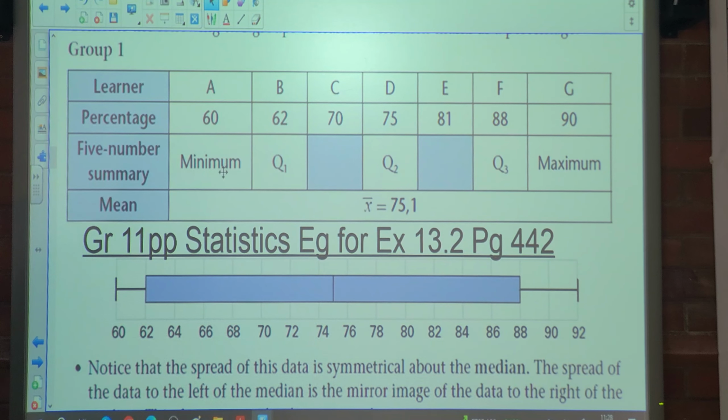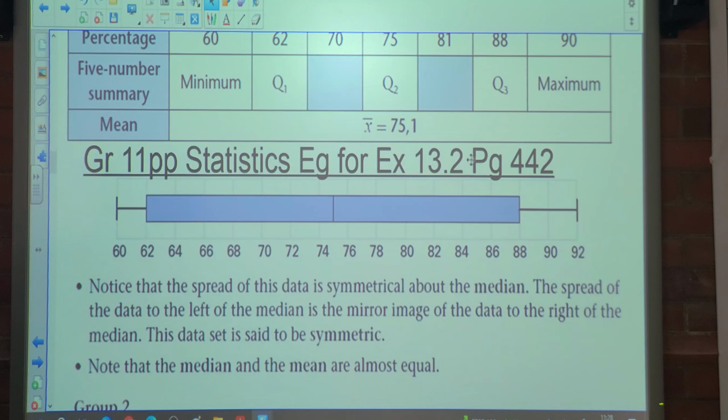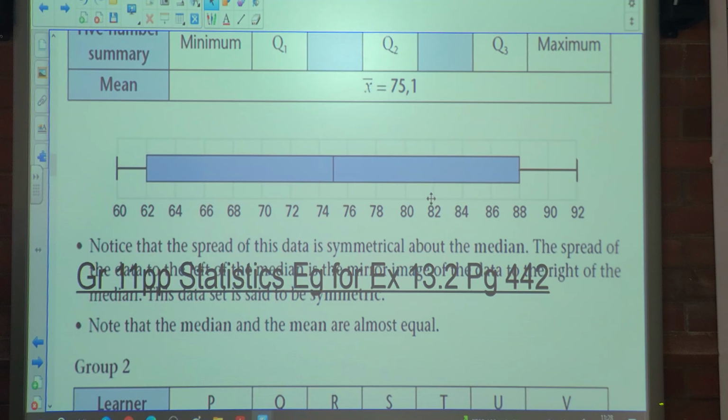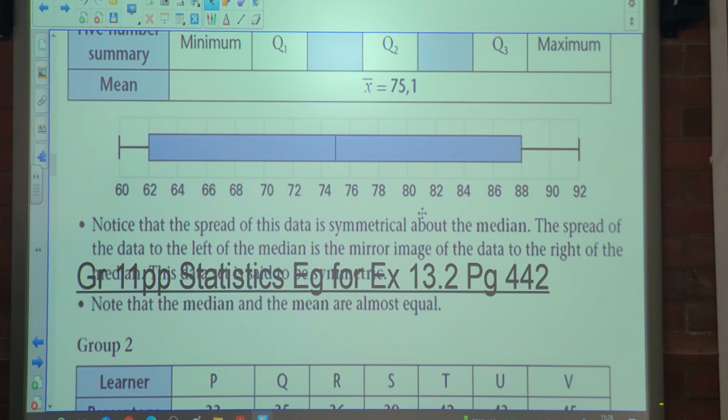The minimum value is 60. Your maximum is 90. Your Q2, which is your median, is 75, and Q1, the lower quartile or 25th percentile, is 62. And your upper quartile, the 75th percentile, quartile 3, is 88, because this is a box and whisker diagram.